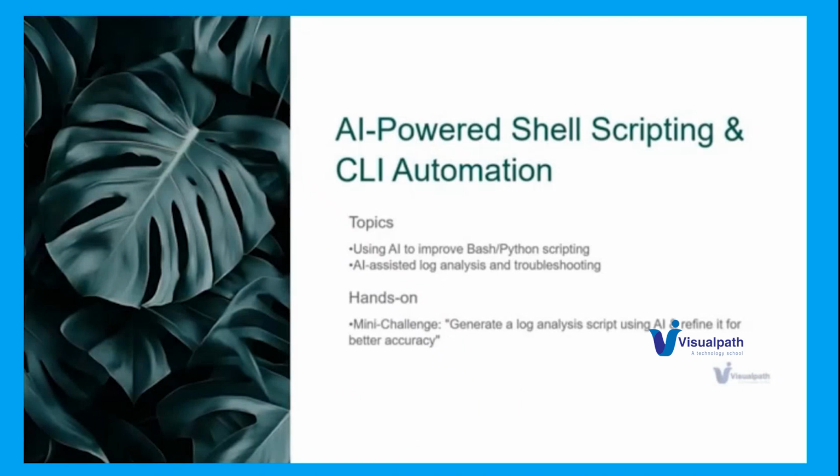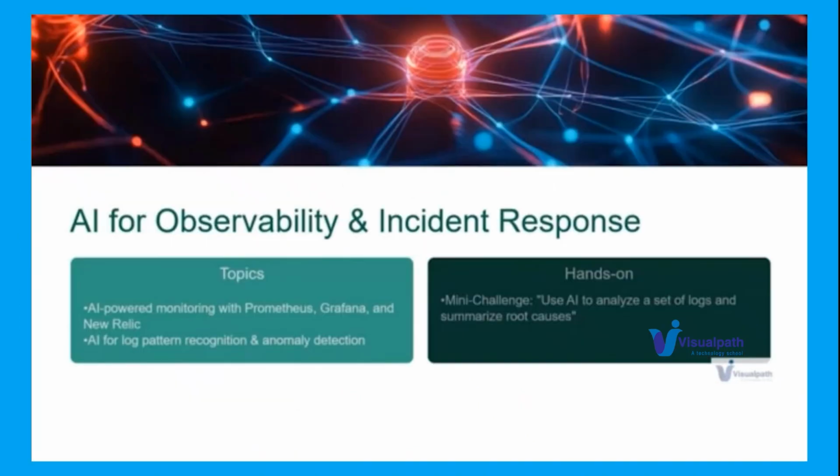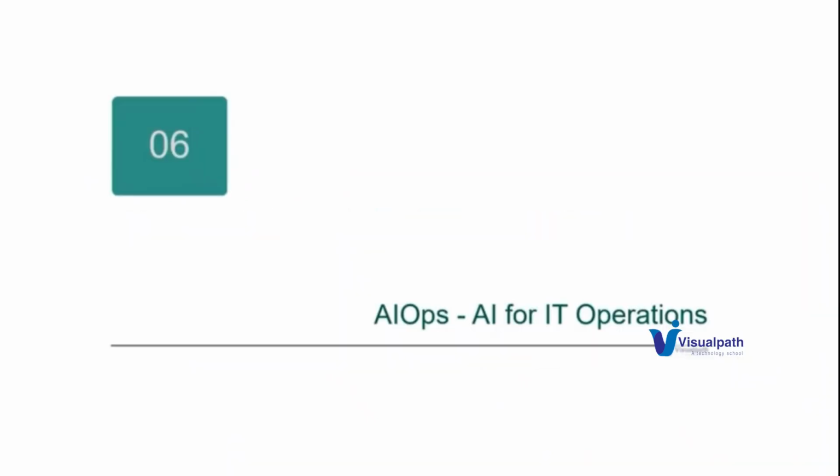Okay. So these are AI for observability that we have already seen, and incident response that we have also already seen, and AIOps and AI for IT operations. These are all things for IT operations, right? Because moving the code from the repository to the server is not our stuff; it's IT operations stuff, but DevOps is now handling everything.